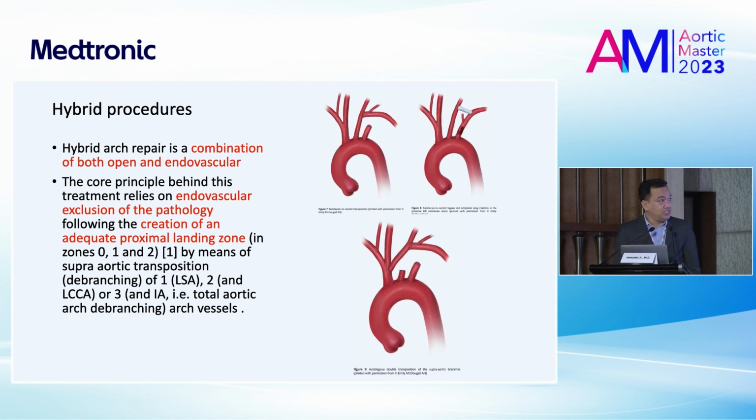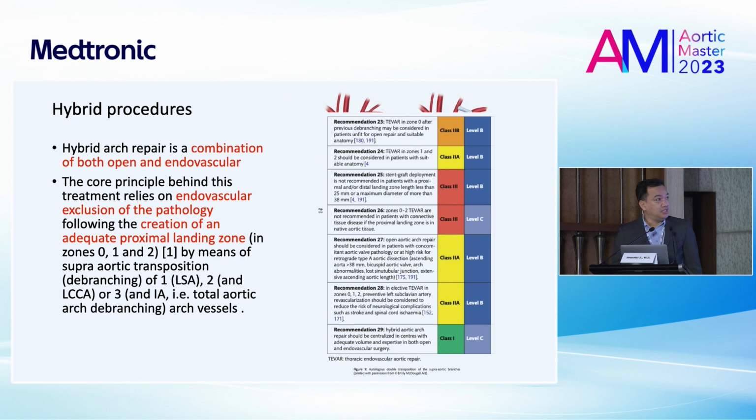For the hybrid procedures, as explained, it is basically a combination of both open and endovascular. For the open part, you try to get a good sealing zone by doing a debranching procedure, either transthoracic or extrathoracic debranching. And then these are the recommendations from the consensus in terms of how we select.